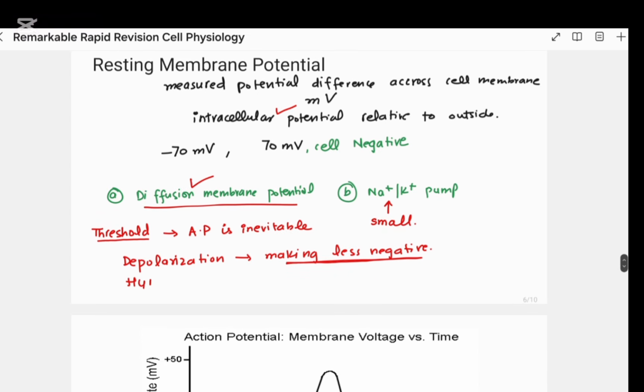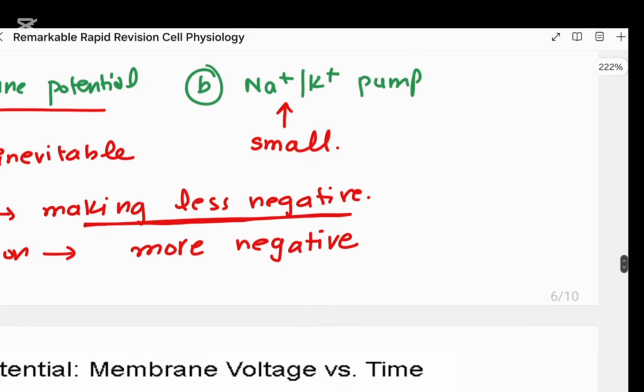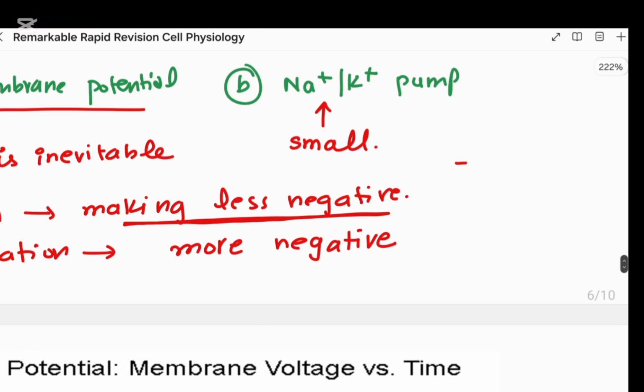And hyperpolarization is basically making the membrane potential more negative. It means making the intracellular compartment more negative. Whenever we are talking about currents or movement, we always take positive charges.